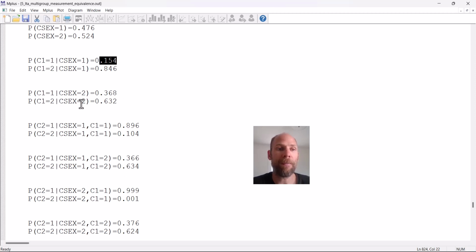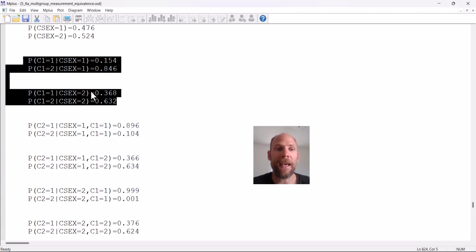And the probability of belonging to class 2 for males at time 1 was only 63.2%. So there's a gender difference here, potentially in terms of the class sizes at time 1 that we can infer from these conditional class probabilities.